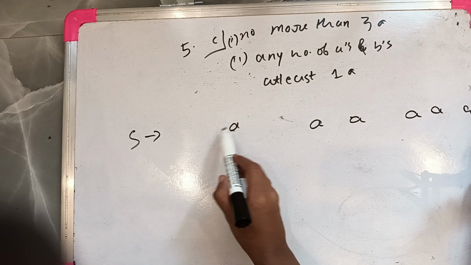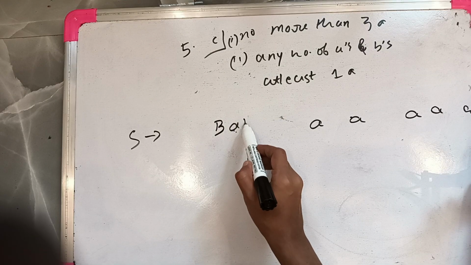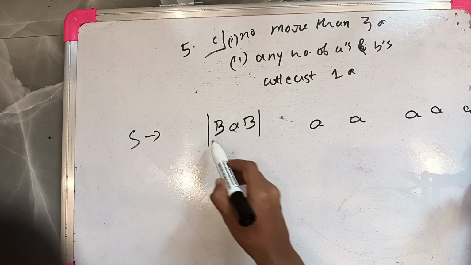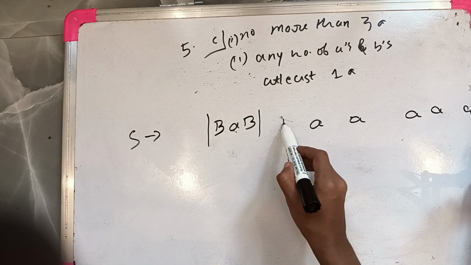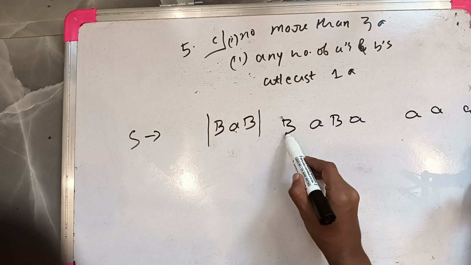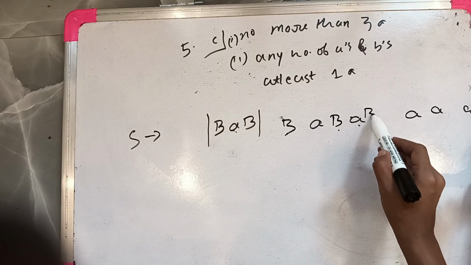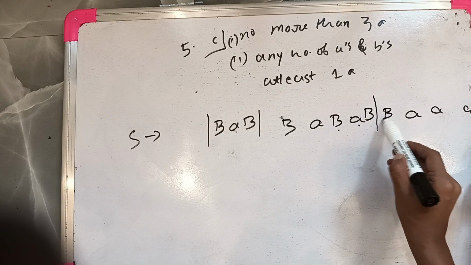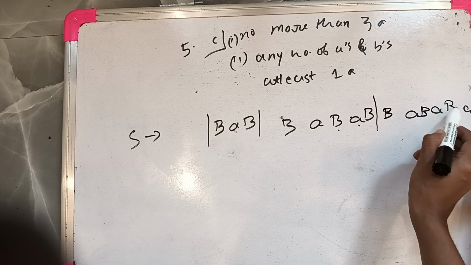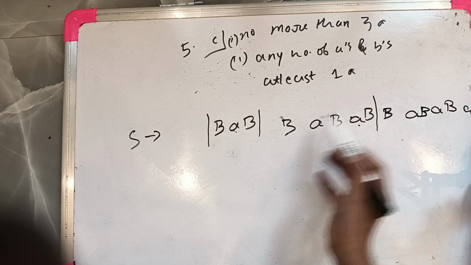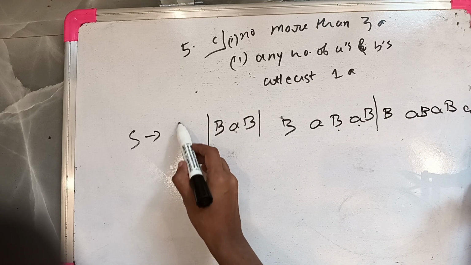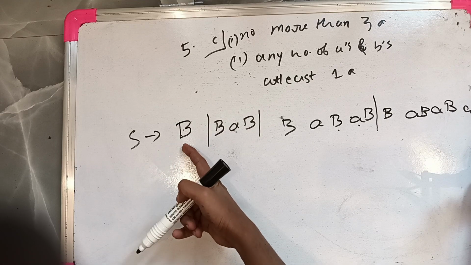In this there may be any number of b's. Here in this case also, from the start, middle or the end, any number of b's may be present. Here also any number of b's, and this implies that only b is 0a.